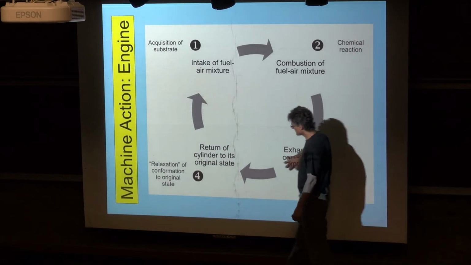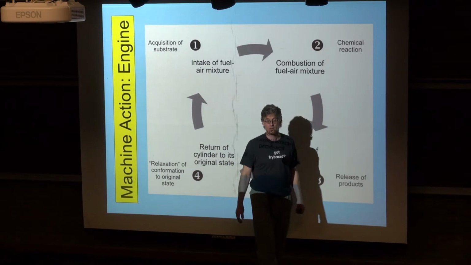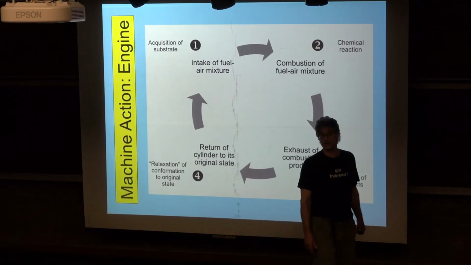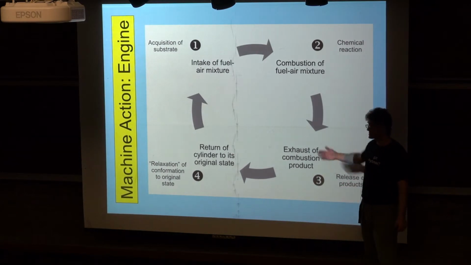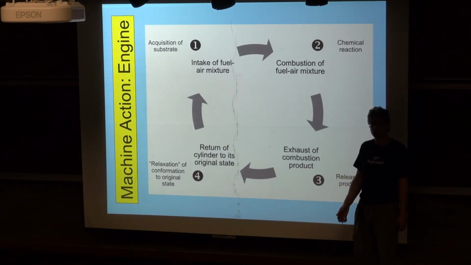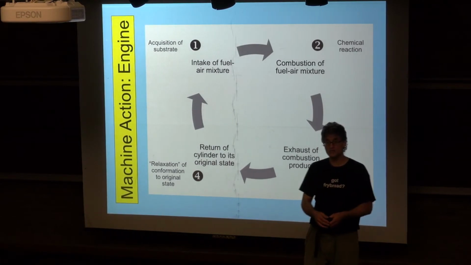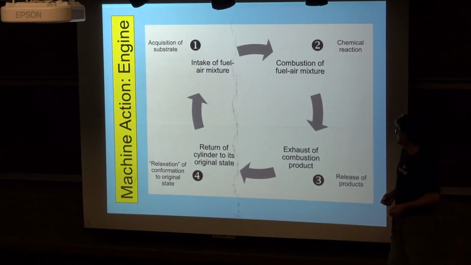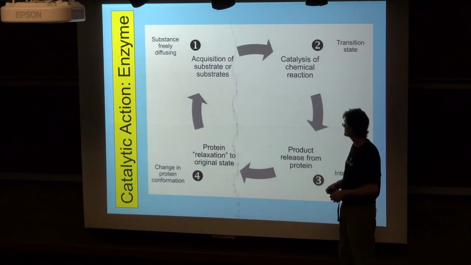And then the engine goes back to its original state where it can take up more fuel-air mixture, and so on and so forth. The analogy is not perfect, but basically, this is an explicit description of a machine. And an enzyme, you can describe it very much in machine-like terms. So that's a machine. We showed a transport protein, and now we can show an enzyme.